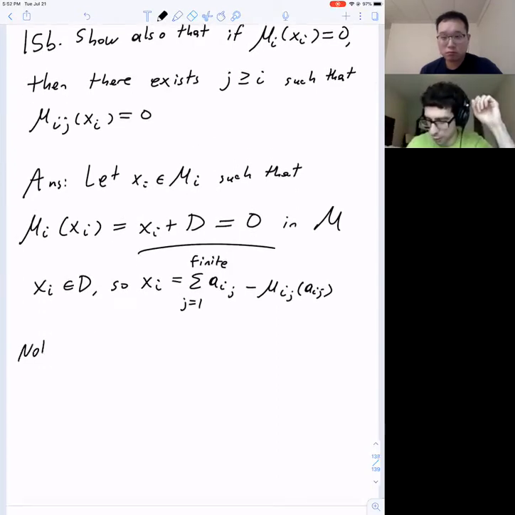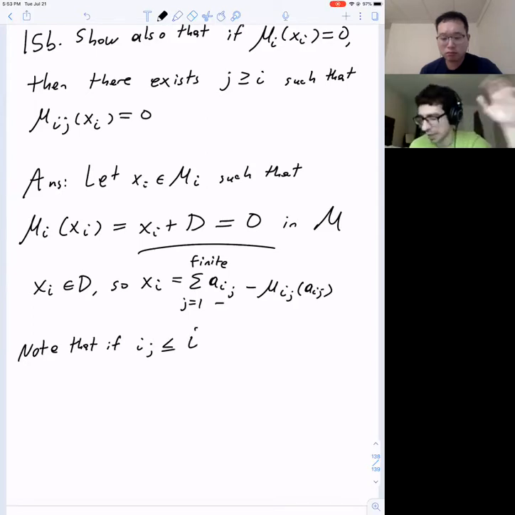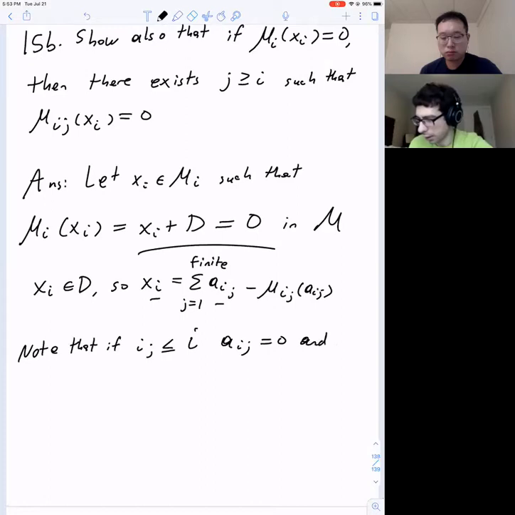Note that if we have these indices i, j, and any of them are less than this i, then we have that aij is 0, and thus naturally mu ij plus 1 of aij is 0.